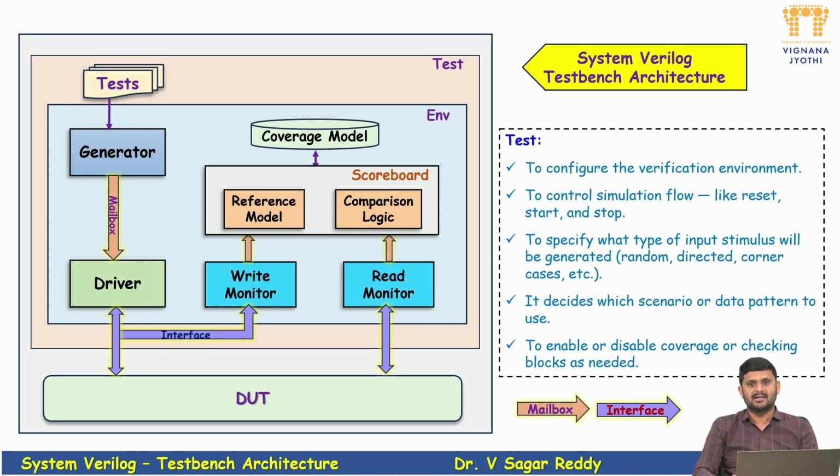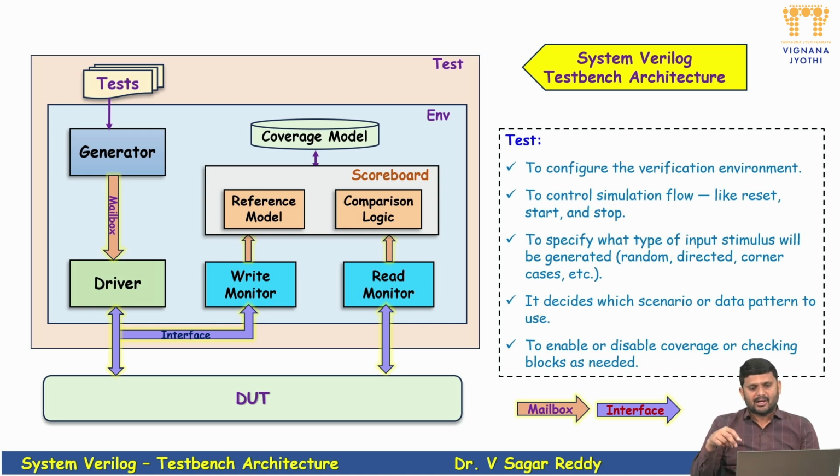The second one is it controls the simulation flow: applying reset, starting the stimulus, and deciding when to stop the simulation. The third one, it specifies what type of input stimulus will be generated. Random, directed, corner cases, or maybe a stress test, the test decides.